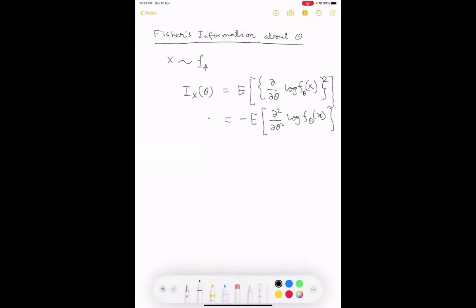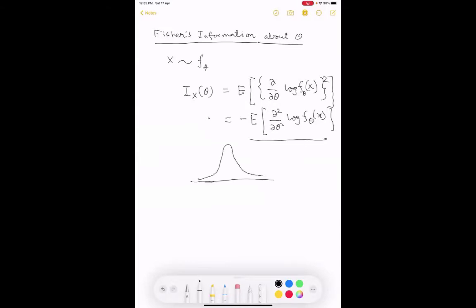Now, if you look into this definition, effectively it is saying that the curvature of the expected density is the information. So what does it mean by curvature of the expected density?